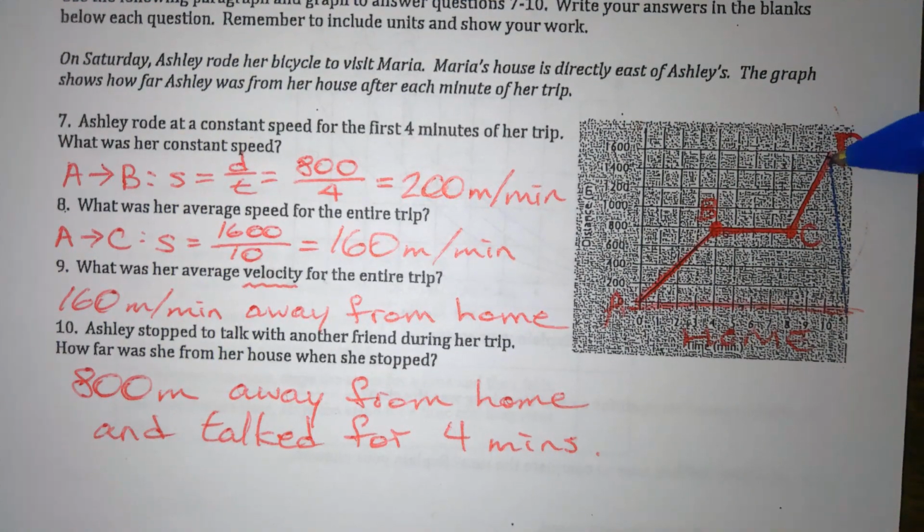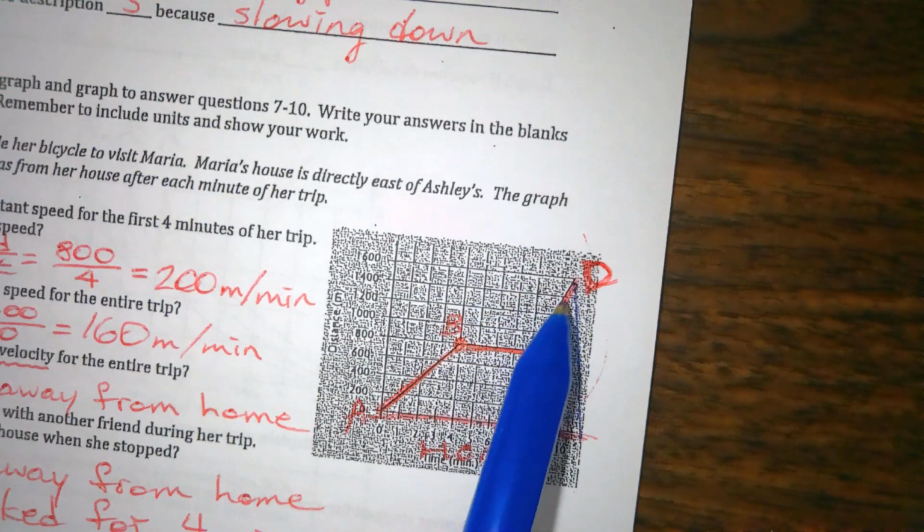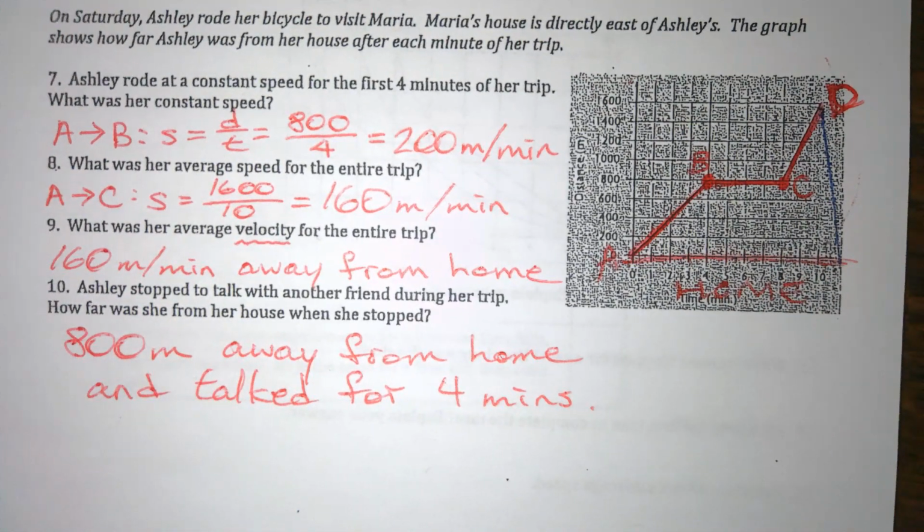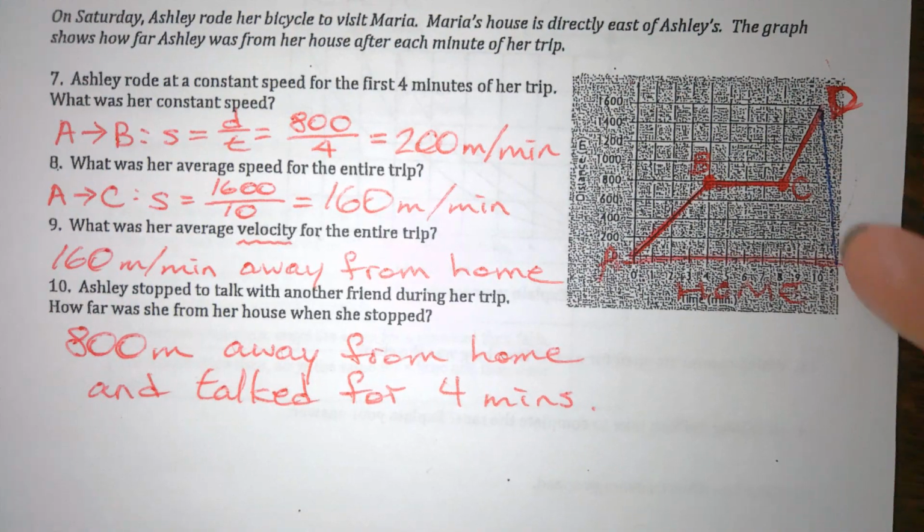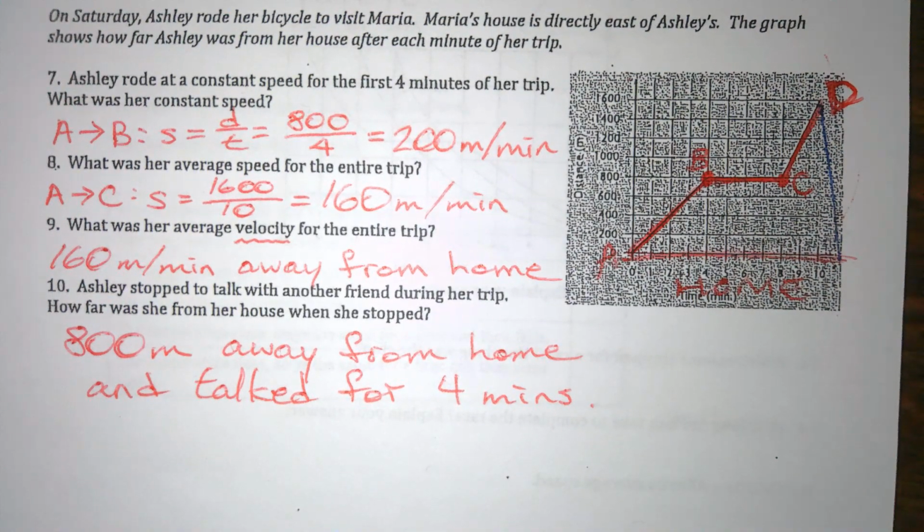So if the line was really flat like this, that means she took forever to walk home. She decided, I better go home, I don't want to run away anymore.